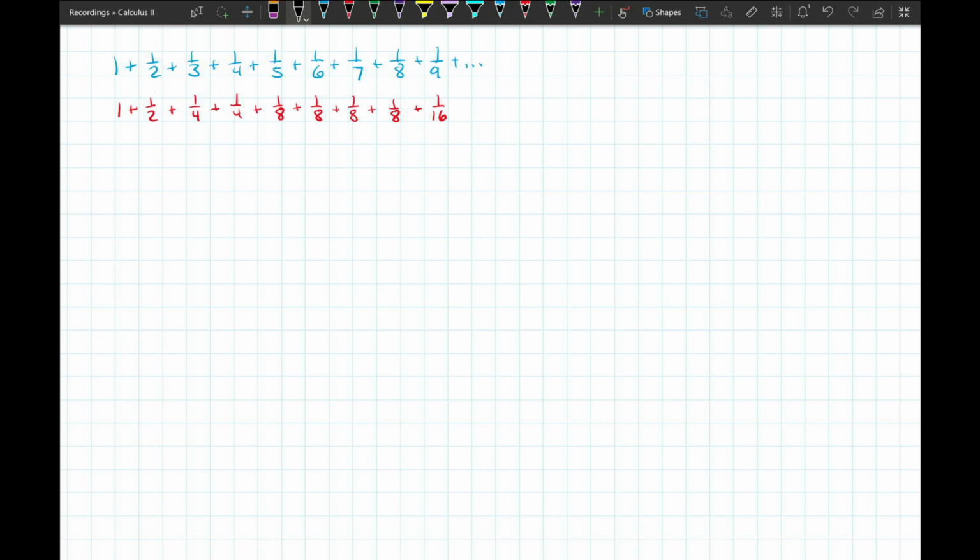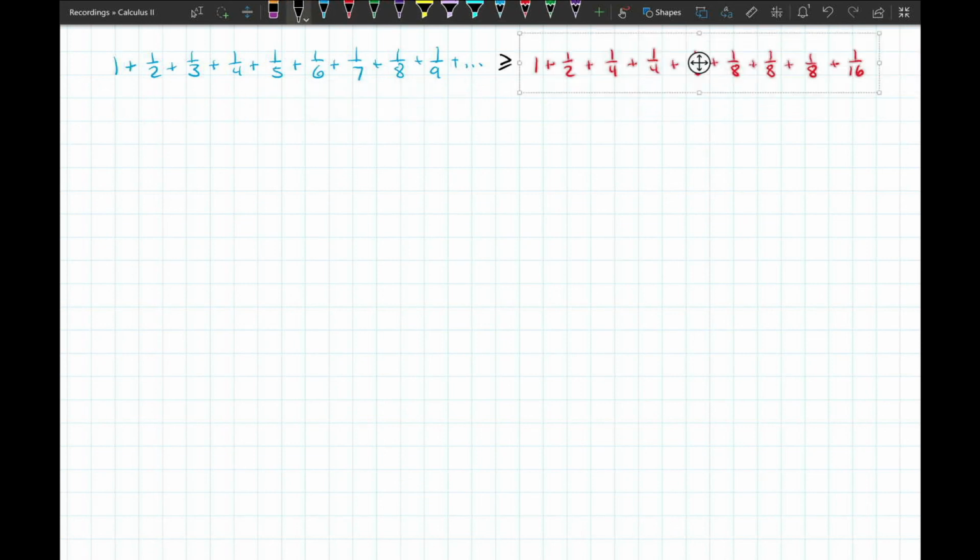Now, because we've taken each of the terms and replaced it with something that is less than or equal to it, the blue series is greater than or equal to this red series. So we'll move that up there to make it a little easier to read. And now we can actually simplify this series. Keeping 1 is 1 plus 1/2, but starting with these 2/4, that actually adds up to 1/2.